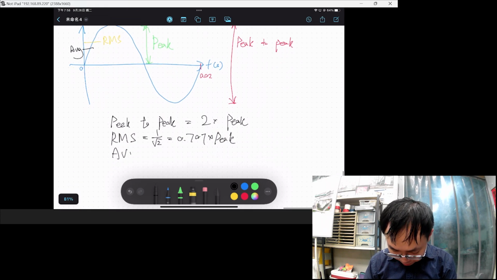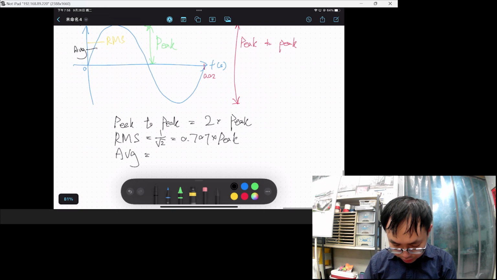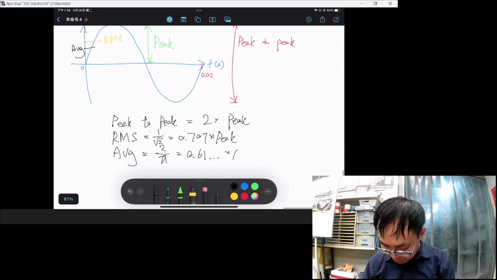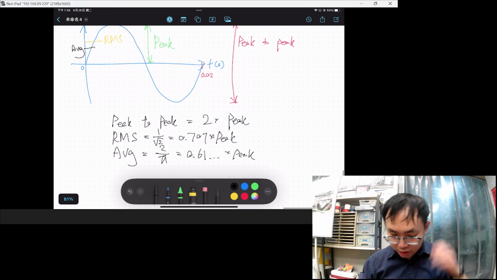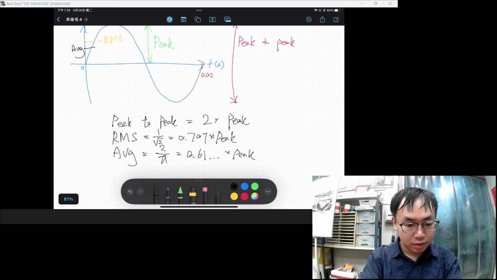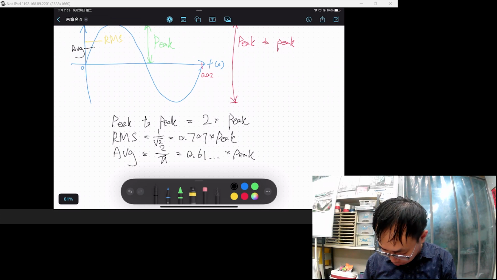And average is 2/π, which is approximately 0.637 times peak. I was wrong earlier, just a minute, it is 0.637.